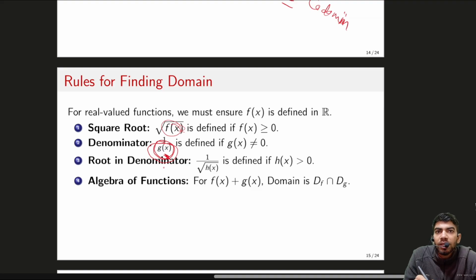If root is in the denominator, the function is defined if this is strictly greater than 0. For the algebra of functions f(x) and g(x), such as the sum of the two functions: if the domain of f(x) is D1 and the domain of g(x) is D2, then the domain of f plus g is D1 intersection D2.